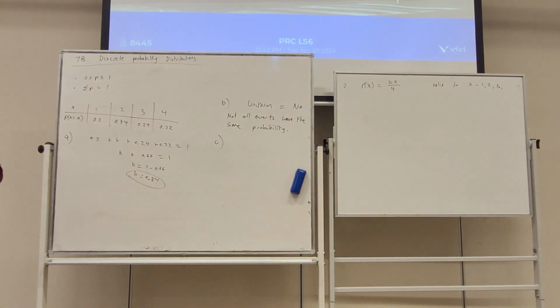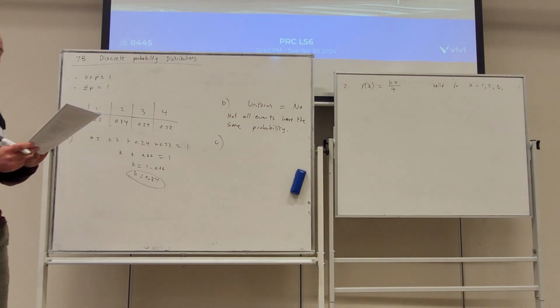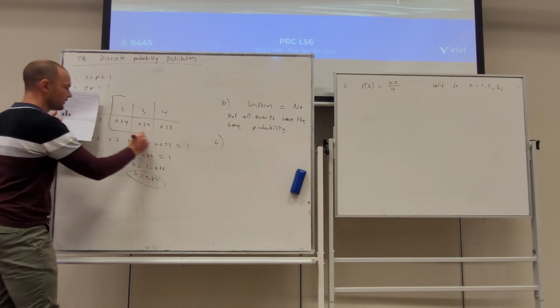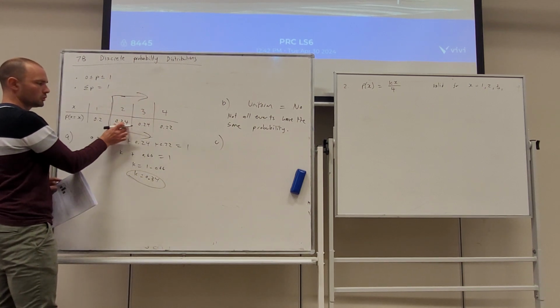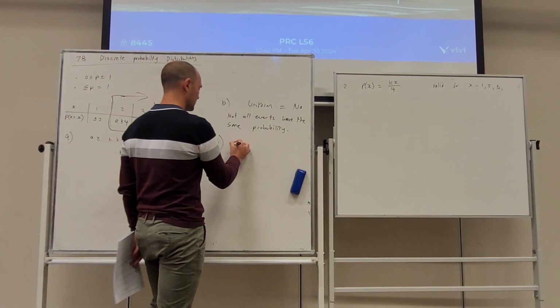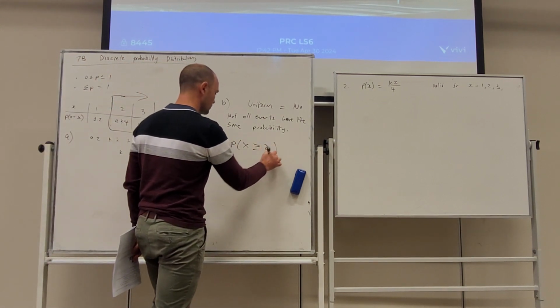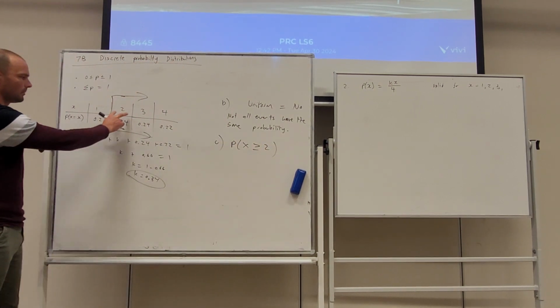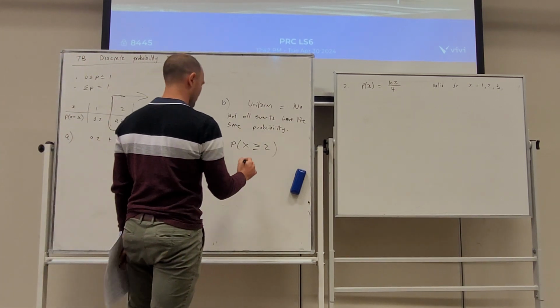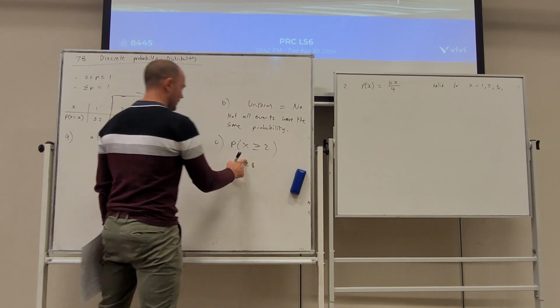Now, we're asked specifically, find the probability of the event being 2 or larger. That's the probability of this region, right? The event 2 plus event 3 plus event 4. So the probability of the event being 2 or larger is the probability of event 2 plus the probability of event 3 plus the probability of event 4.